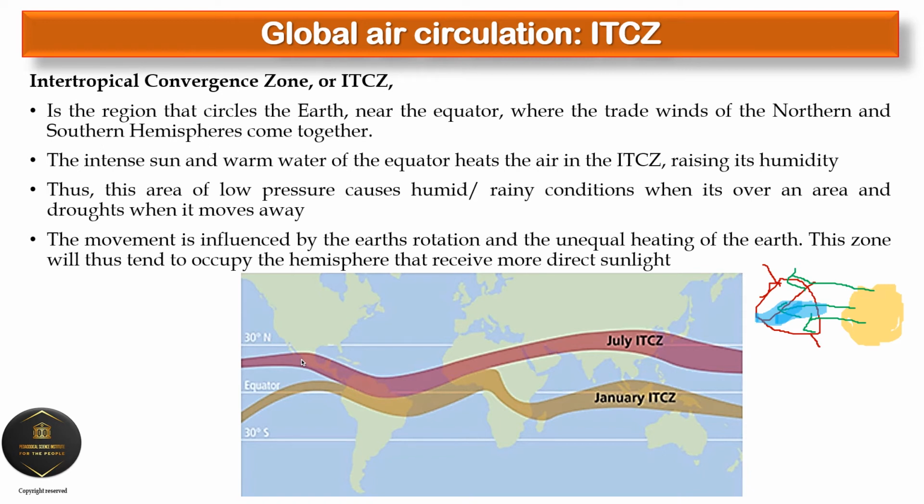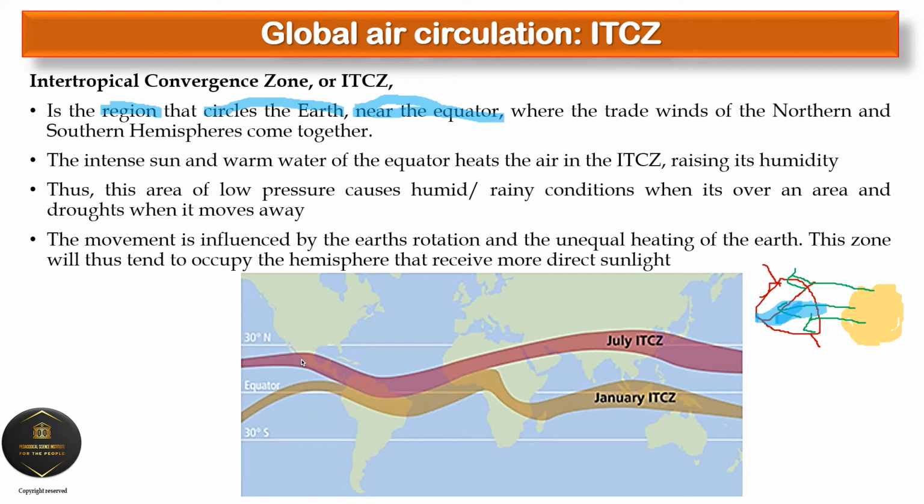And what does that mean? Remember, we say that the intertropical convergence zone, abbreviated as the ITCZ, is a region that circles the Earth near the equator. And you'll notice that they did not say at the equator. It's because the ITCZ migrates with seasons, so it's not always at the equator, but it is near the equator. And so if you look at it, that was our equator.